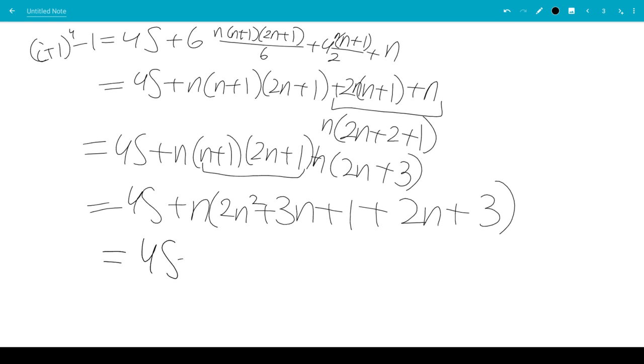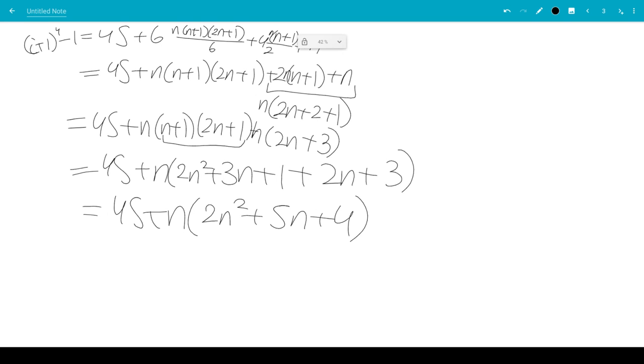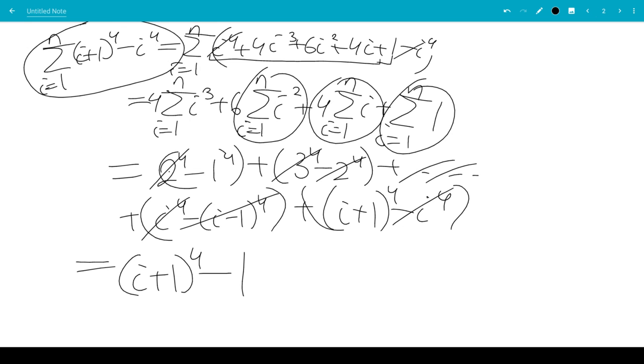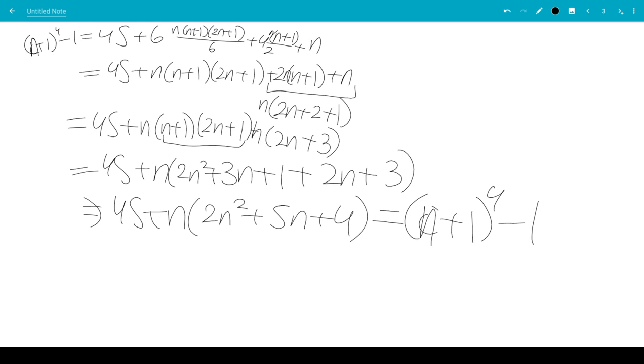This will be 4S plus n(2n squared plus 5n plus 4), and this is all equal to (n+1)^4 minus 1. So I had a slight mistake, the last term should be n.